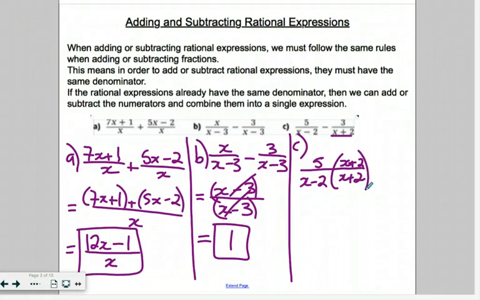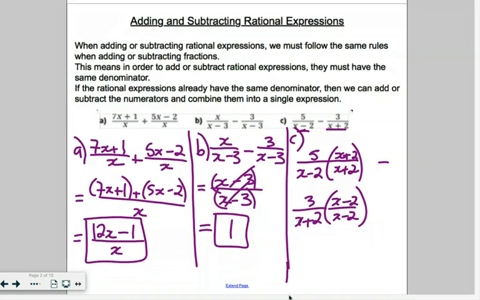I'm then going to take my second term, and I'm going to take that 3 over x plus 2 and multiply it by its clever form of 1, the opposite denominator, x minus 2 over x minus 2.